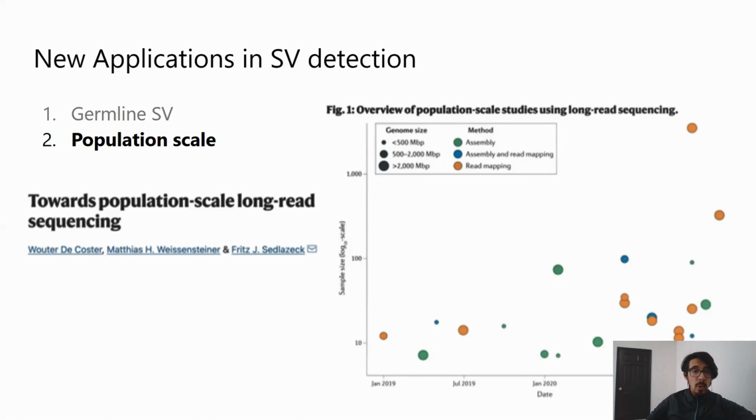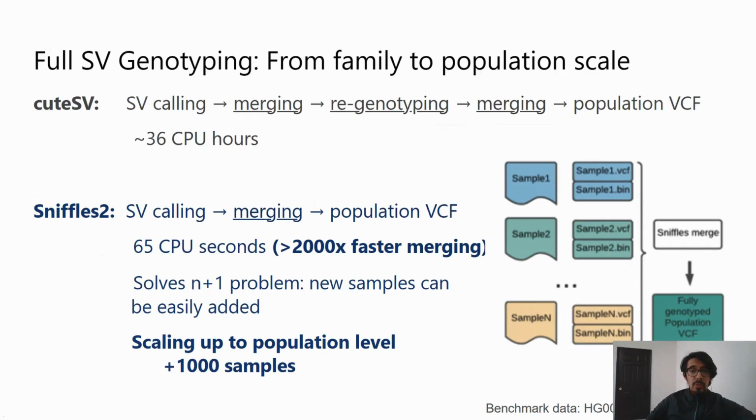For this reason, we have implemented in Sniffles 2 a population mode, which will allow us to have a full SV genotype from family trio to populations. Current pipelines are slow as they require multiple steps. Here we show you an example with CuteSV. So the first step for both CuteSV and Sniffles 2 is to call structural variants for each of the individuals in the population.